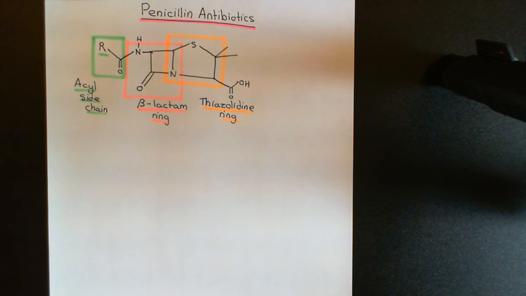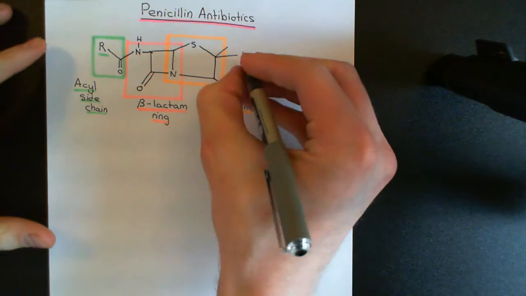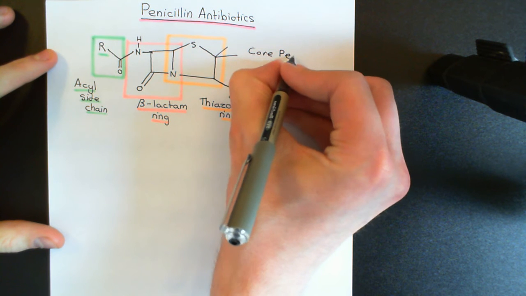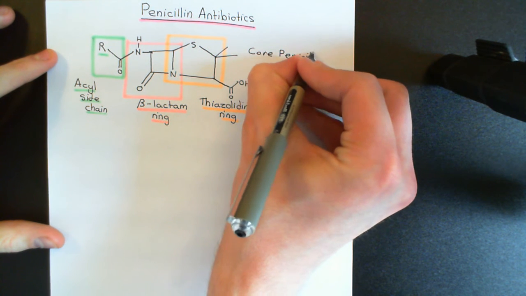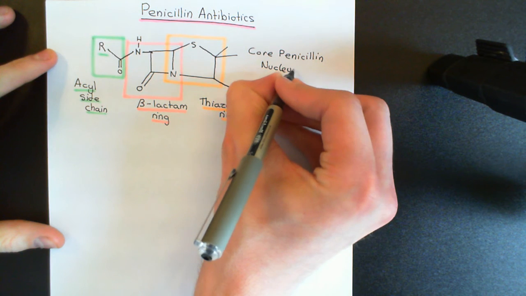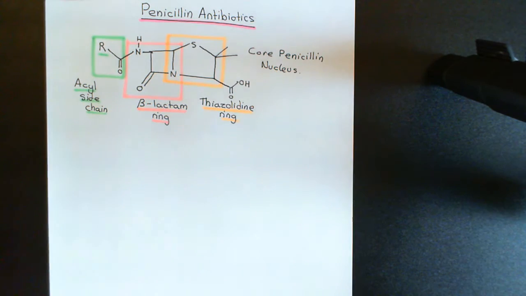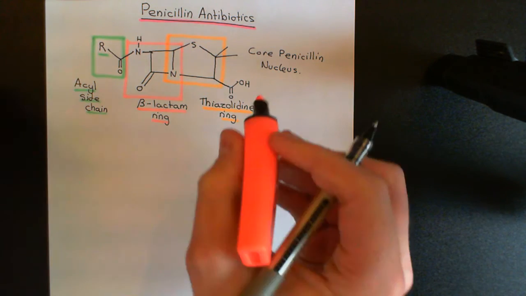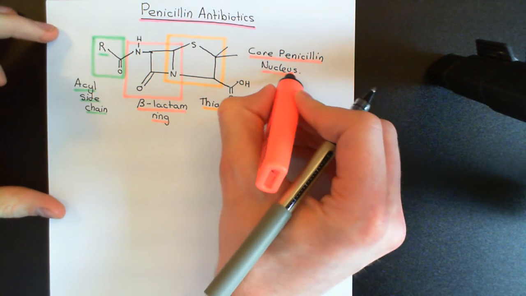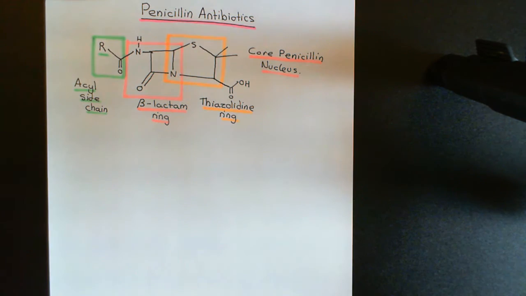That's what varies. Okay, and this now is the complete core penicillin structure, sometimes called the core penicillin nucleus. If you hear people refer to the core penicillin nucleus, it just means the core structure of the penicillin molecule, rather than this portion that isn't the core portion and varies between the different penicillin antibiotics.